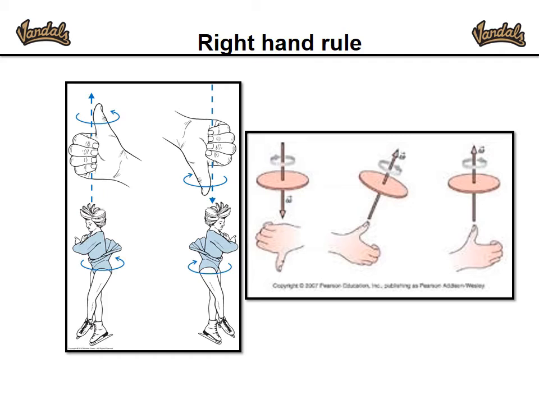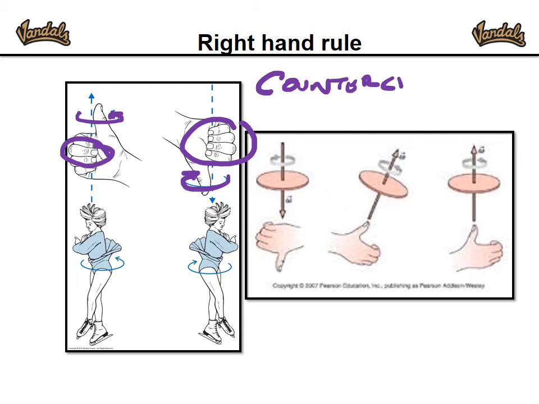When we talk about angular motion, we're going to talk about the right-hand rule. The right-hand rule means that you cup the fingers to follow the direction of motion. Notice these 2 fingers are opposite facing, but that's because one is going clockwise, one's going counterclockwise. For a general rule, when we do angular kinematics, counterclockwise is the positive direction.